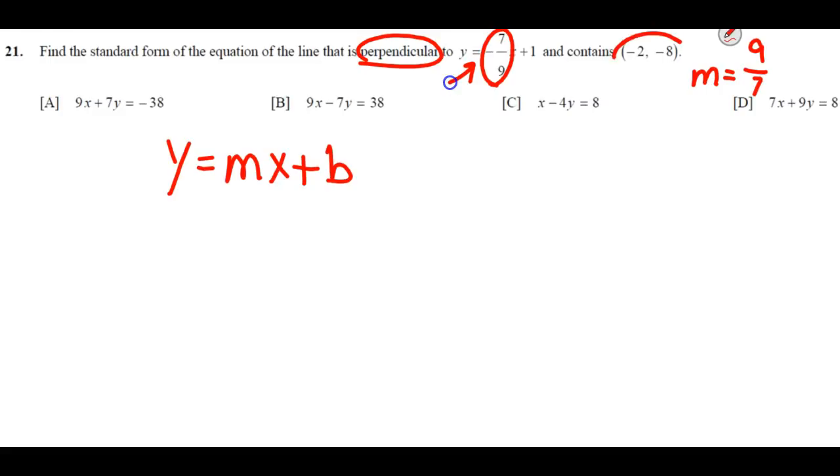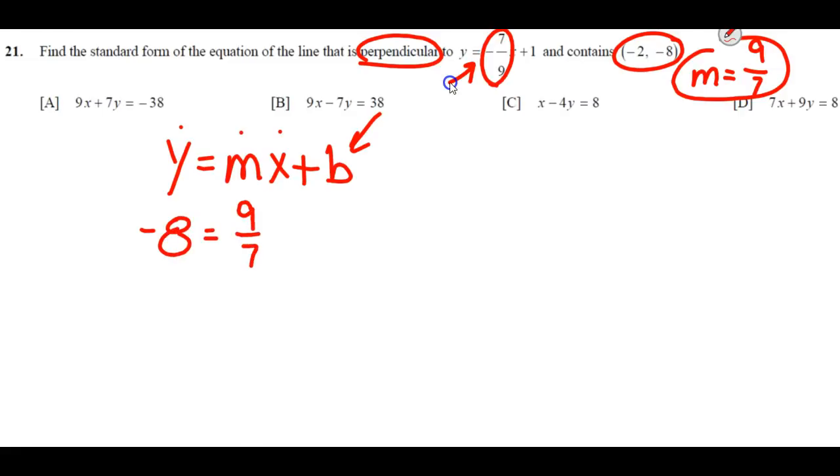Now, I'm going to use this point and this slope, and I'm going to put it into y, m, and x. And what I'm looking for again in round 1 is I'm always looking for b. So here we go. So I've got y equals, I know what my y is, it's now -8. I know now what my slope is, it's going to be 9/7.